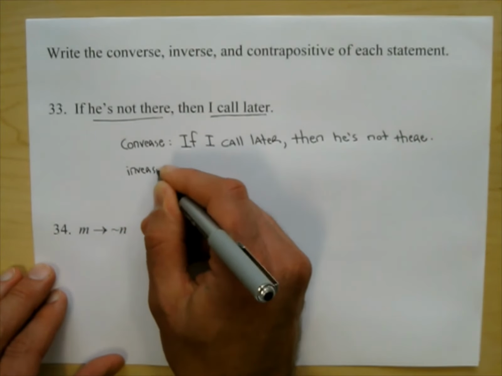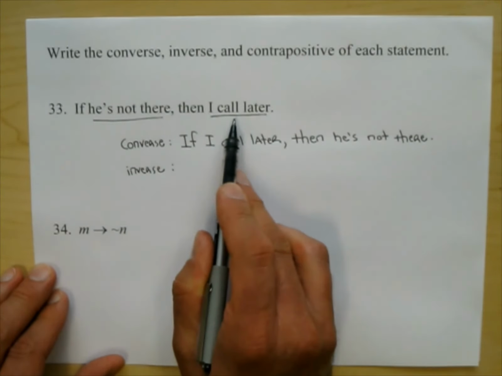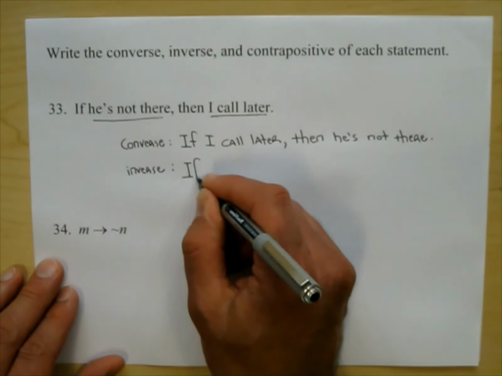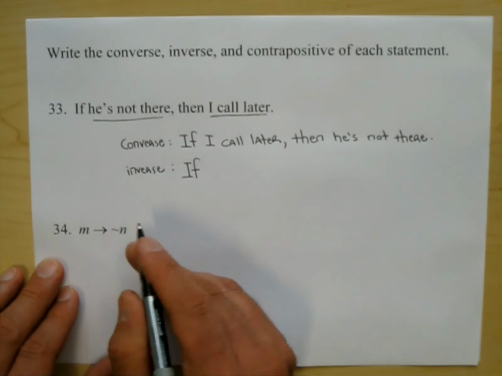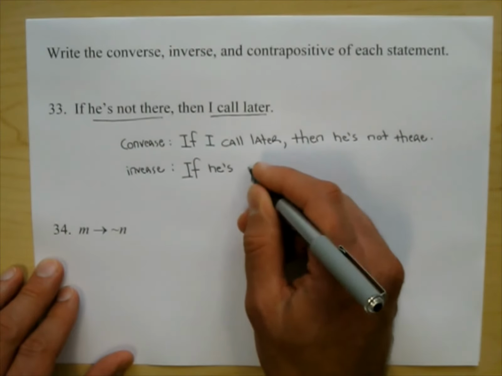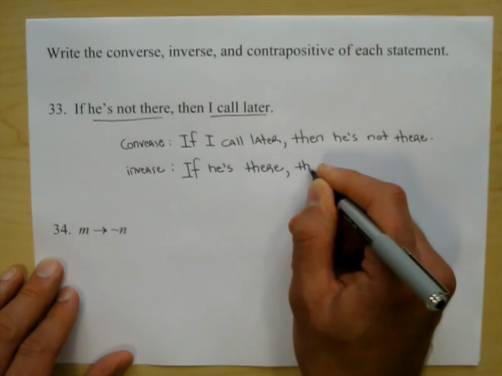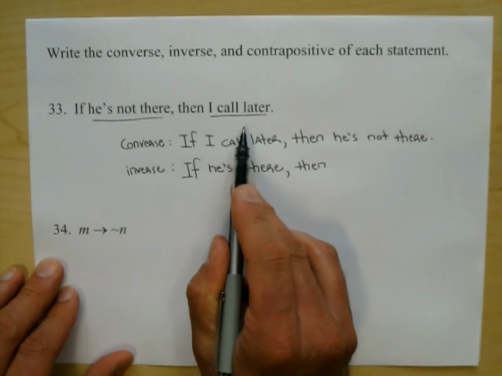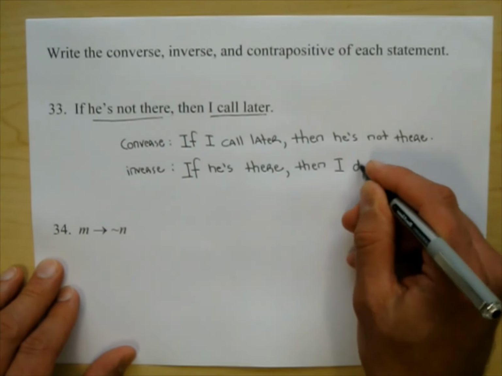The inverse of that statement is not a swap, but it's a negate in front of each of those simple statements. So we keep the if here, so we have if, and then we just negate this. He's not there. Well, this one's going to say if he's there. And then we're going to negate I call later. Then I don't call later, or I do not call later.